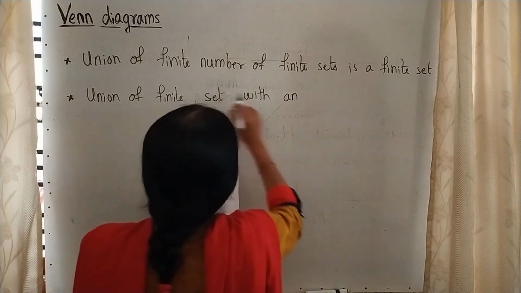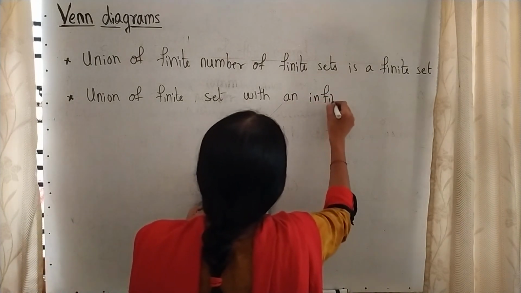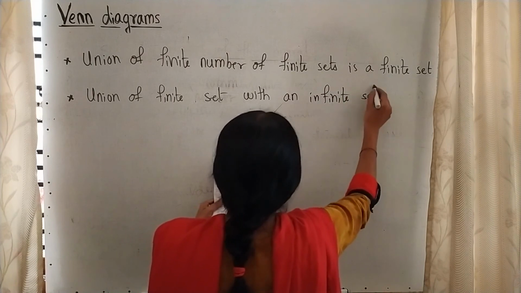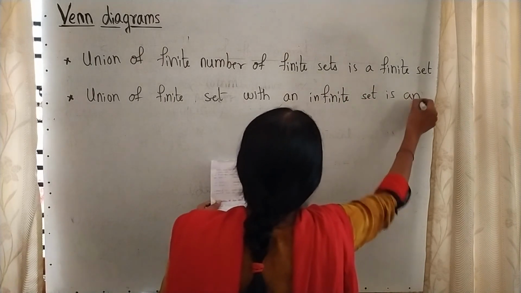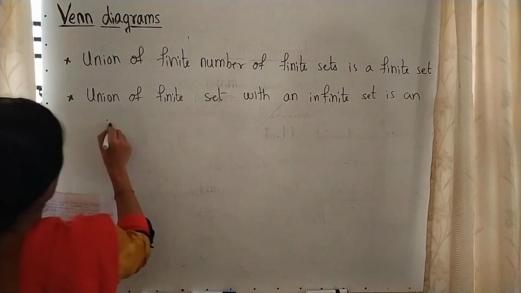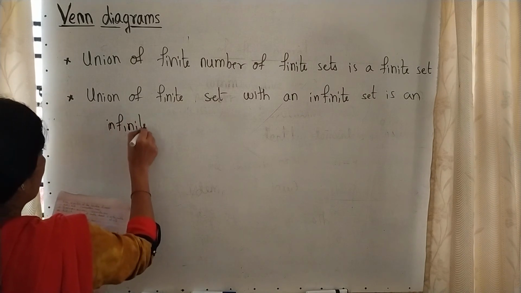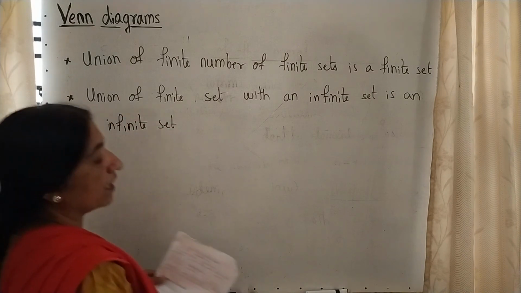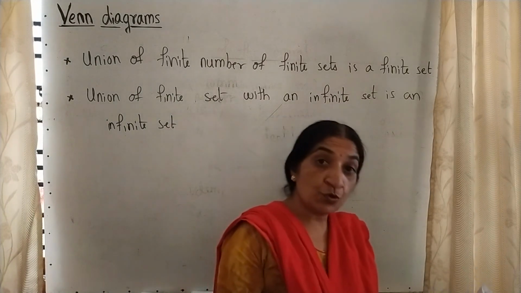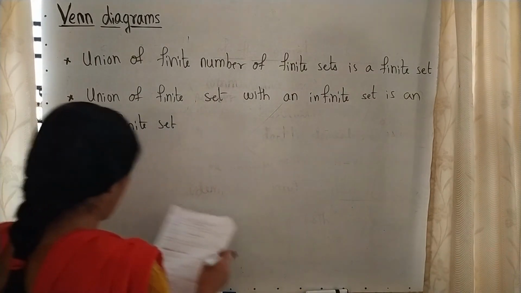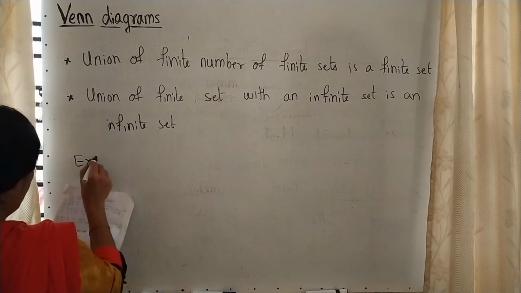Finite set with an infinite set is an infinite set. Clear? That means one set is finite and another set is infinite. Their union is infinite.